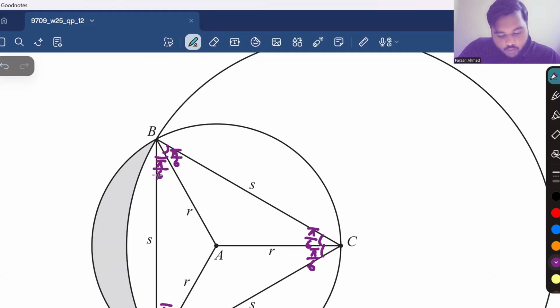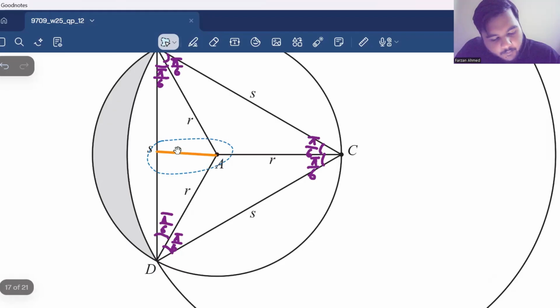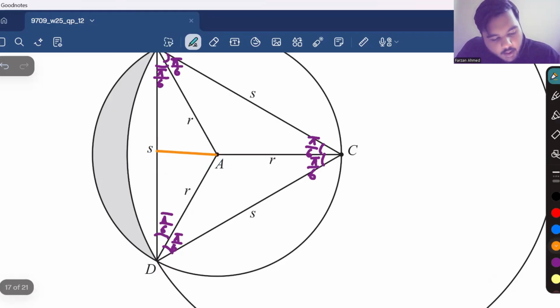Now we have to show this, and there are different ways. I'm doing it like this. If I make this line, then here is a 90 degree angle, here is a 90 degree angle, and this will be pi upon 3.